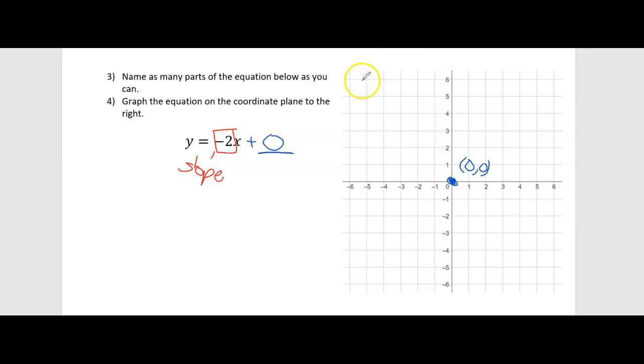Now my slope, remember, slope is equal to the change in y over the change in x. Again, this means change in that little triangle, also known as delta.